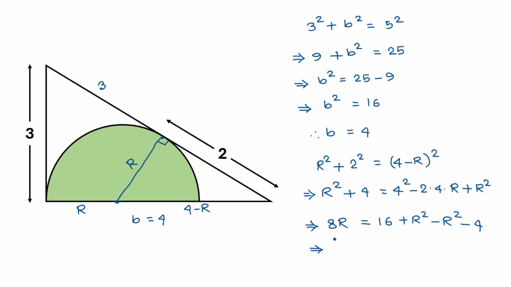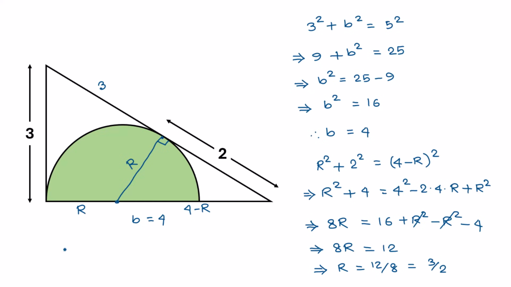Or this 8r is equal to, this positive r squared and negative r squared will cancel, and 16 minus 4, this will be 12. Or divided both sides by 8, we will get r is equal to 12 divided by 8, and simplifying we will get 3 over 2, and this is the radius of this circle.